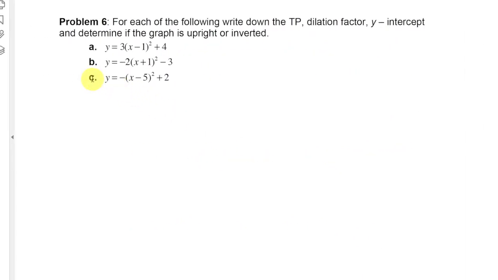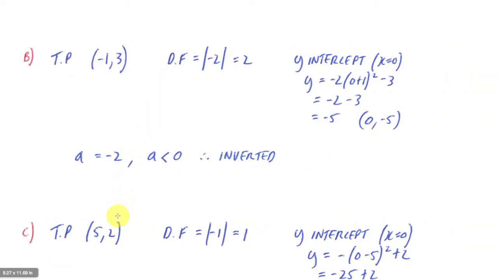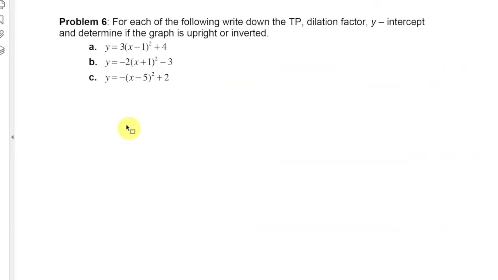For C, the turning point, I have x minus 5, I make that equal to 0 to get x equaling 5, so the x value is 5, and the y value is 2, so I have 5, 2. The dilation factor, I think of that as being a -1 out the front.